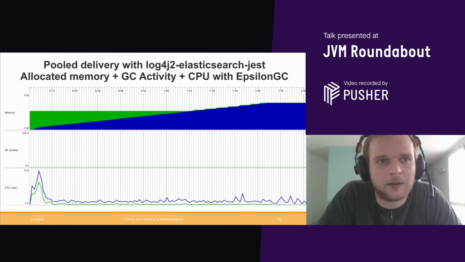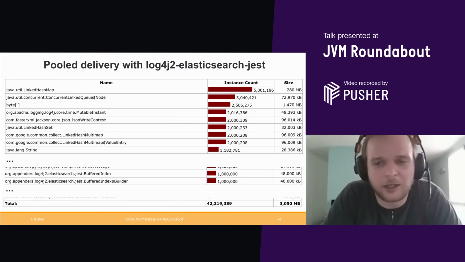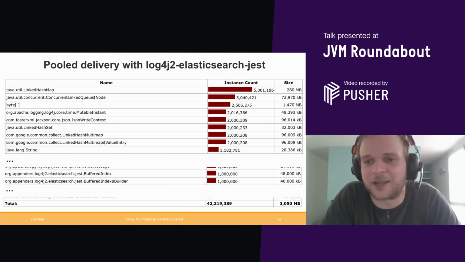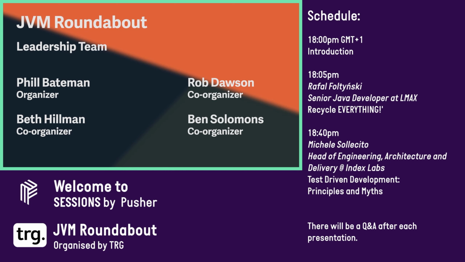So this is the same run with Epsilon. Eventually, it allocated roughly 3 gigabytes of memory. If you remember, in the previous run, the amount was 20 gigabytes. So by simply rewriting some objects and getting rid of some bad string allocations, I managed to reduce it over 6 times.